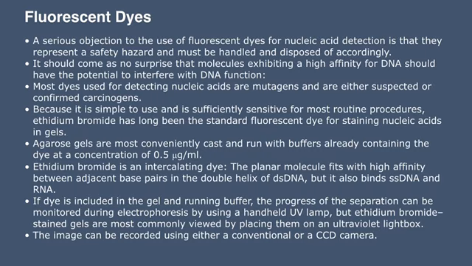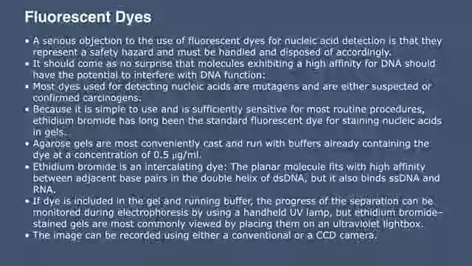Most dyes used for detecting nucleic acids are mutagens and are either suspected or confirmed carcinogens. Because it is simple to use and is sufficiently sensitive for most routine procedures, ethidium bromide has long been the standard fluorescent dye for staining nucleic acids in gels.